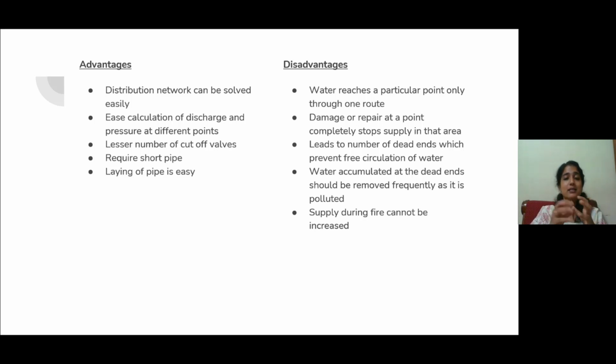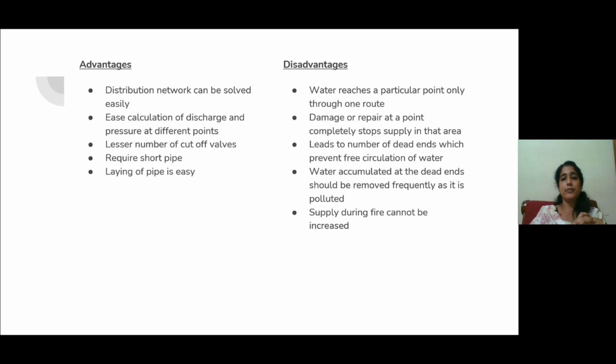Very few cut-off valves are provided because every single submain can be separated out by operating a single cut-off valve. Then it requires short pipes because there is no interconnection to any other main pipes or submains, so it requires short pipe. Then laying of pipe is very easy because it is laid according to the road network of that locality.